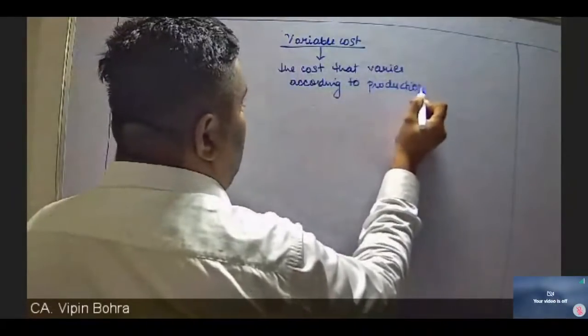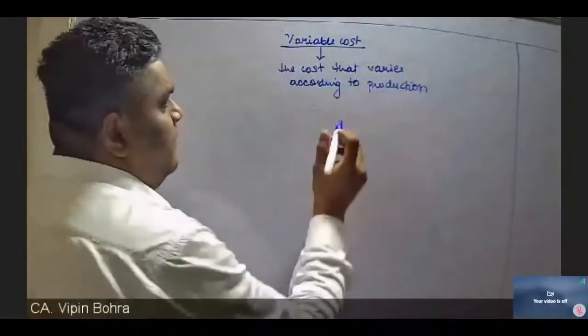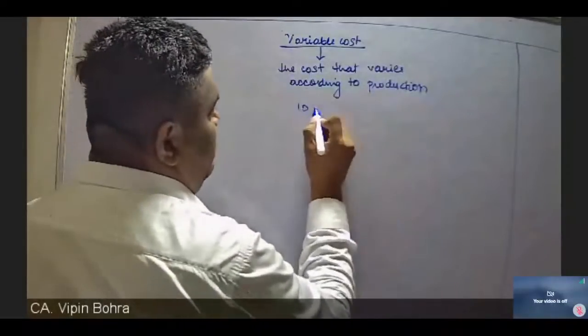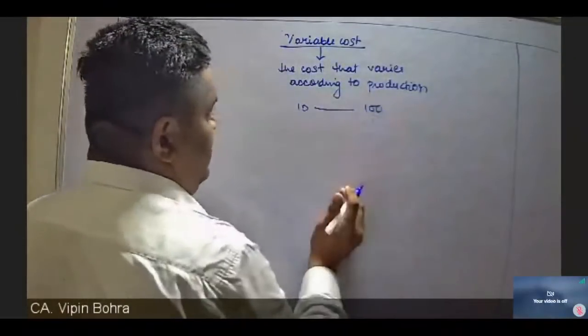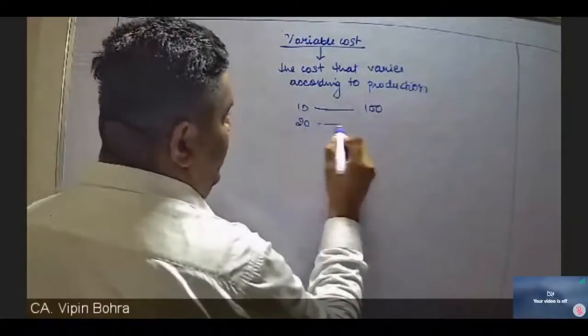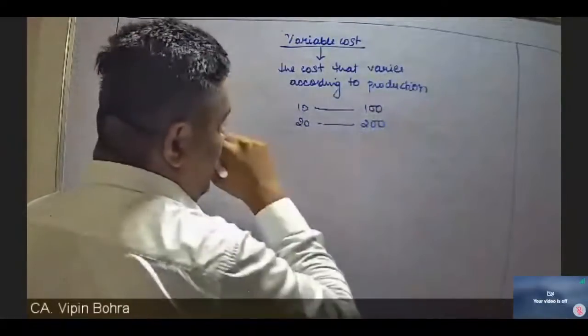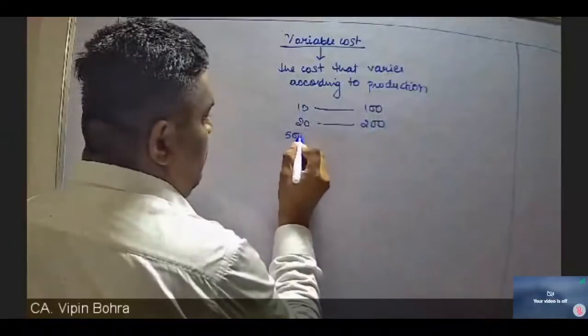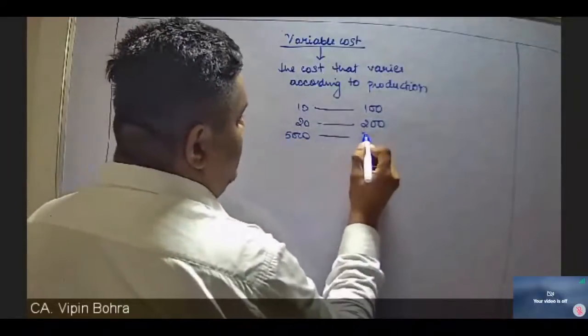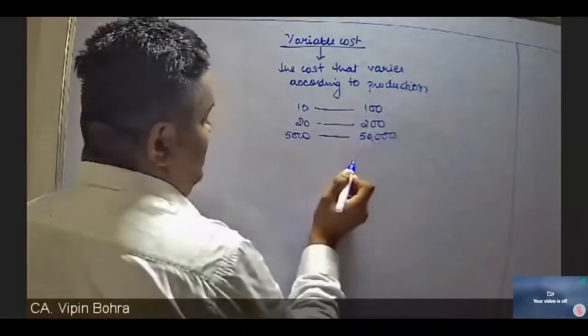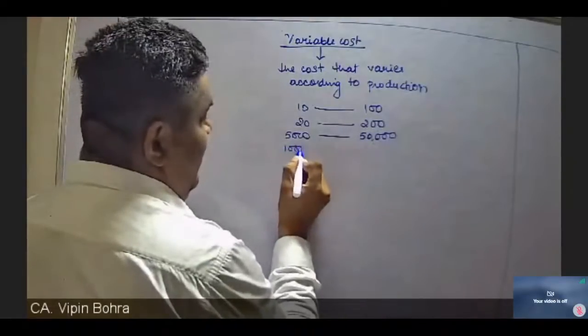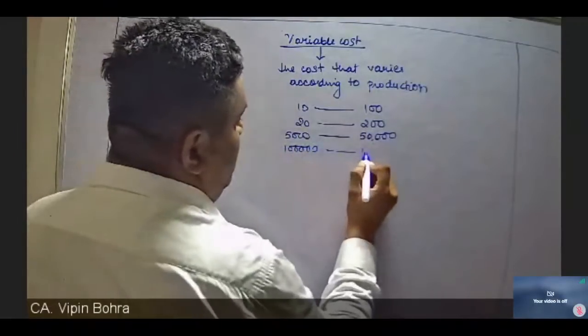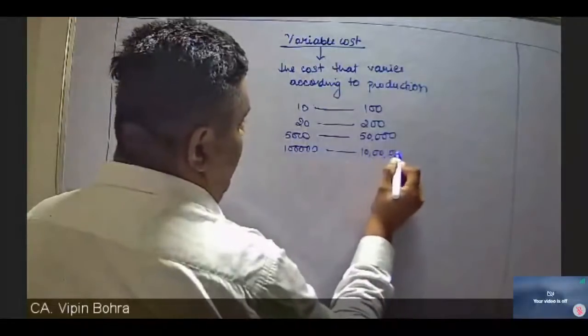Let's say I am producing 10 units and the cost is say rupees 100. If I am producing 20 units, then the cost will be 200. If I'm producing 5,000 units, the cost will be 50,000. If I'm producing 1 lakh units, the cost will be 10 lakh.